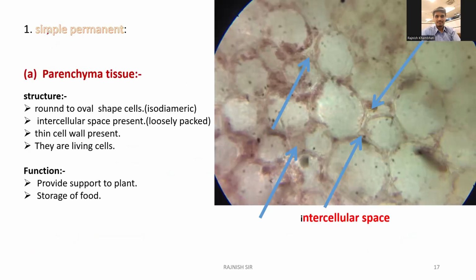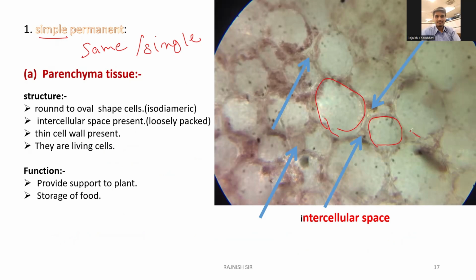First, simple permanent tissue is made up of a single type of cell. You can see in the diagram that parenchyma tissue cells are circle, round, oval in shape.